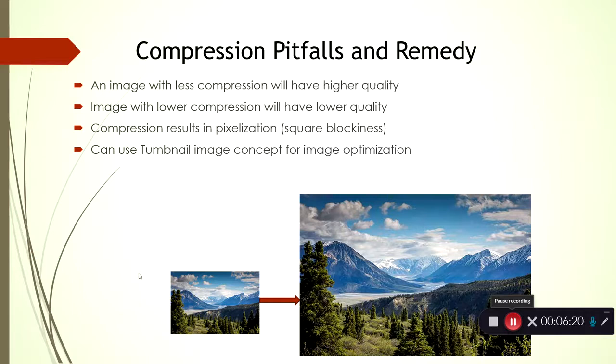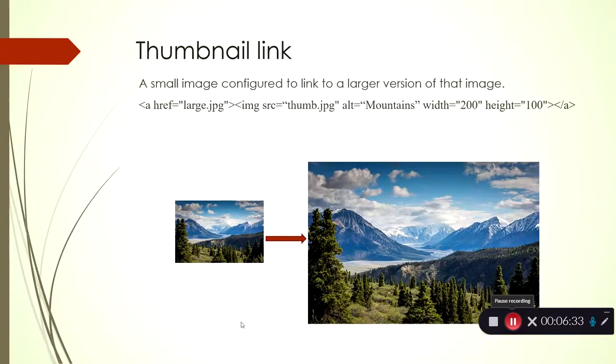If someone wants to get the clear, big picture, they can click that thumbnail link and it will display the original image at its original size. This is called image optimization, so the full size is not displayed in the browser, but if the user really wants the original image, they can click the thumbnail and get it.